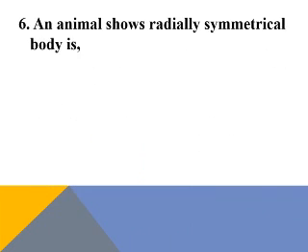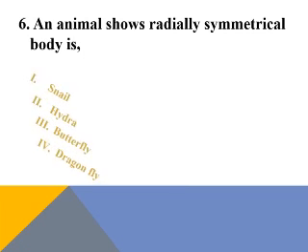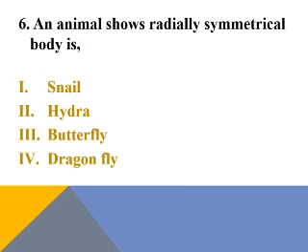The next question. An animal showing a radially symmetrical body is. What is a radially symmetrical body? If a body can be separated into two equal halves along any axis, it is said to possess a radially symmetrical body. Out of the invertebrate groups, only Cnidarians have a radially symmetrical body. Snail, hydra, butterfly, and dragonfly.